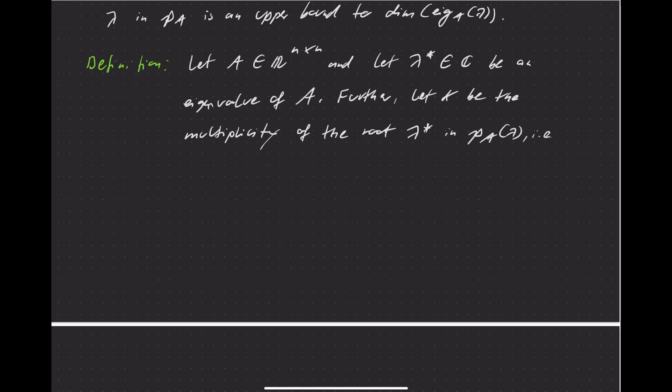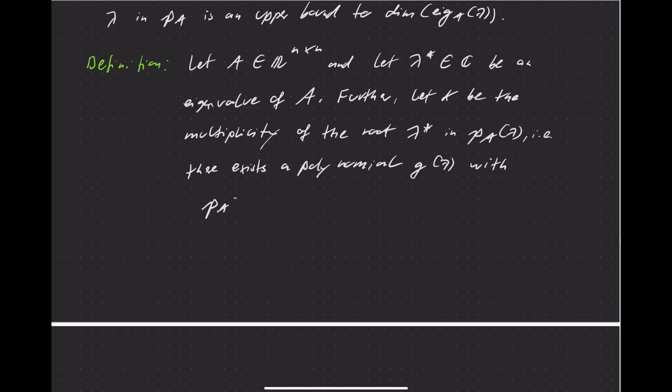What does that mean? That means there exists a polynomial g of lambda with the following properties.